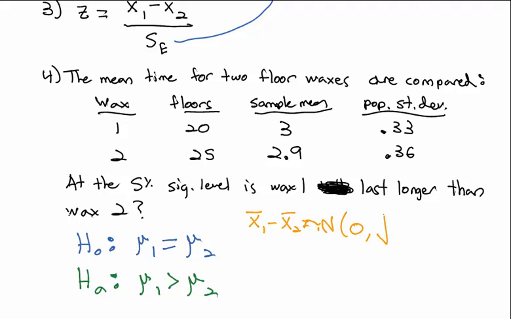And then the square root of sigma 1 squared, that's the standard deviation, so that's sigma 1 and sigma 2, so 0.33 squared divided by the sample size, n1 and n2, the number of floors, plus 0.36 squared divided by n2, which is 25.